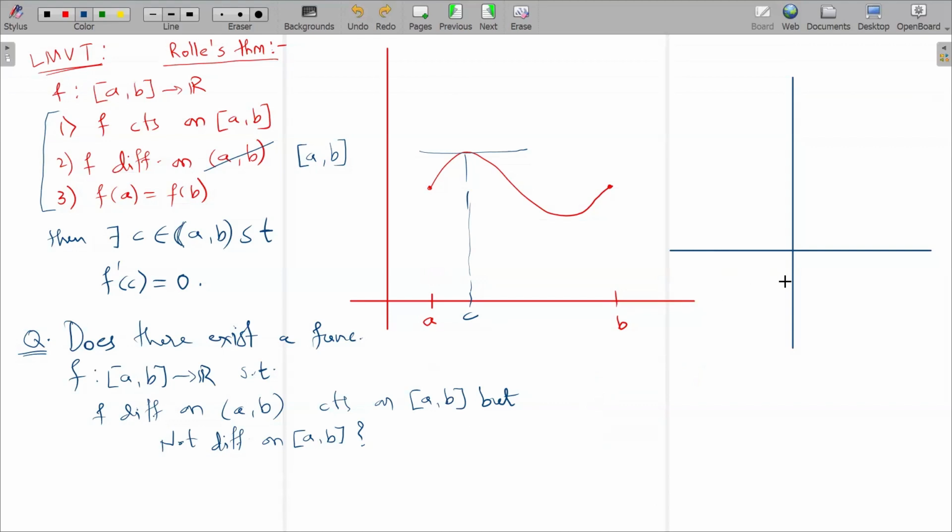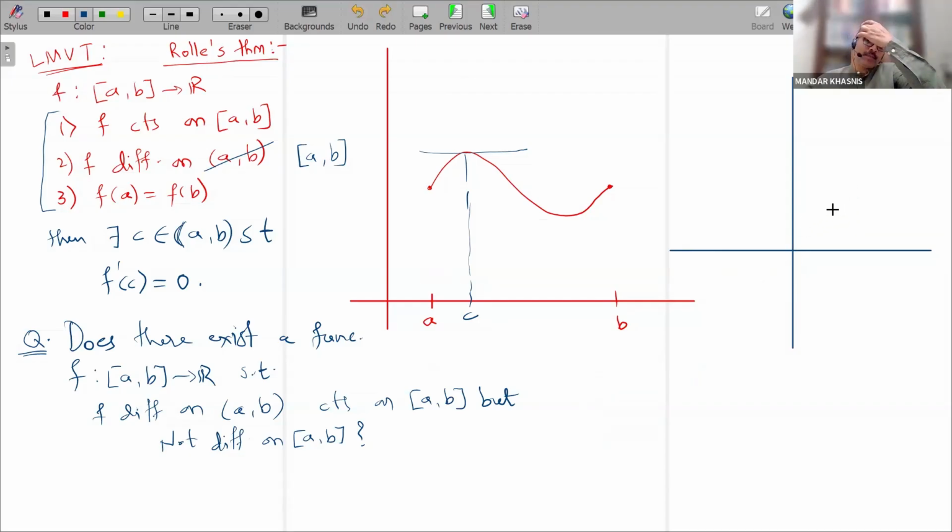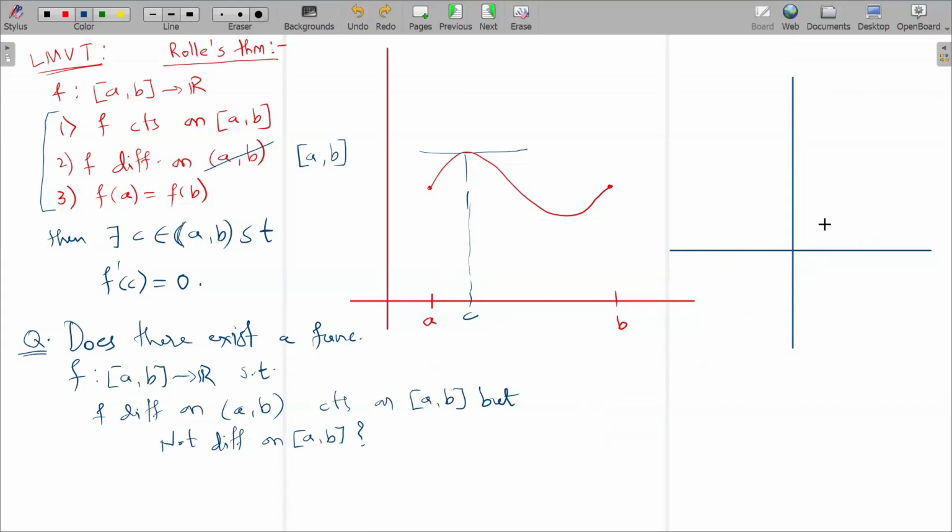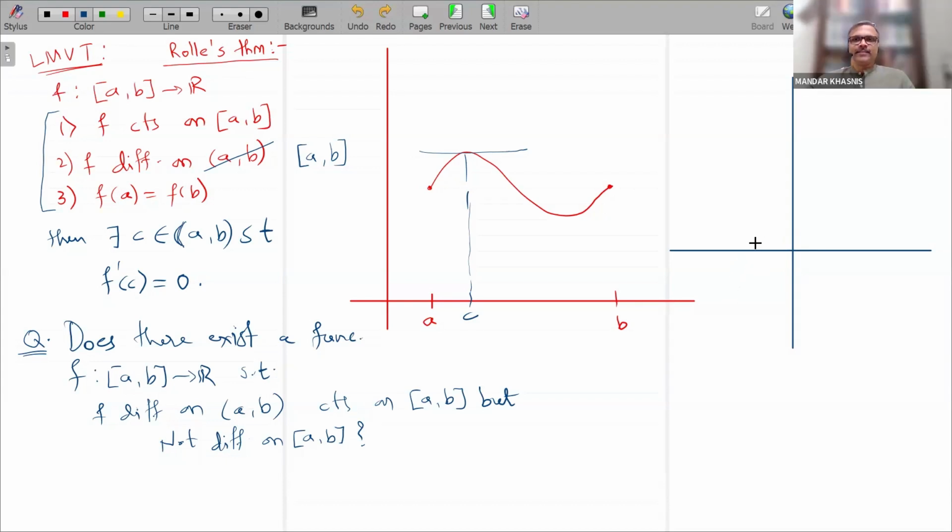You can say root x at 0. I am considering the closed interval 0, 1. At 0 it has got a problem, but at 1 it has no issue. I am not getting both endpoints simultaneously. That is the idea.